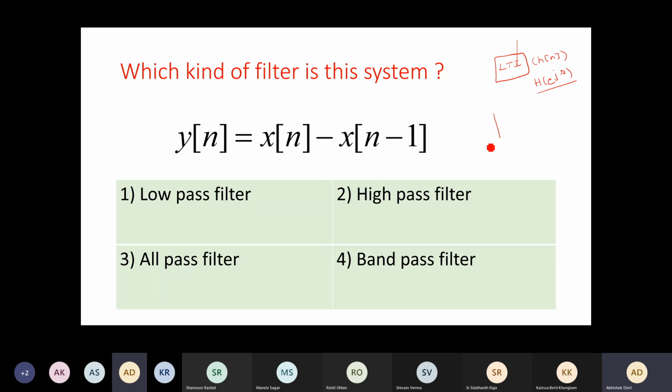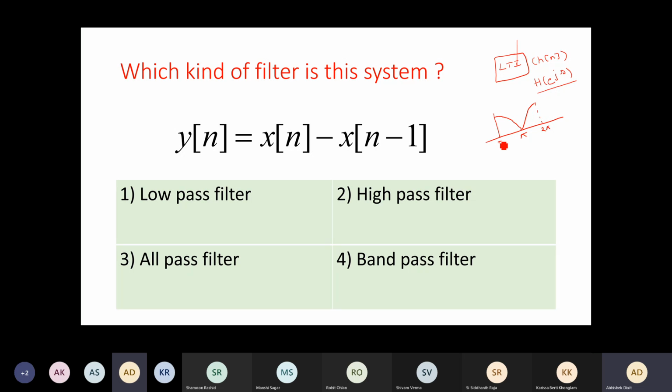You know that if it is low pass, it would be something like this. At zero frequency it is maximum, at pi frequency it attains its minimum value, and from there onwards it would increase. It would again get maximum at 2 pi, and then it will repeat because it's periodic with 2 pi.